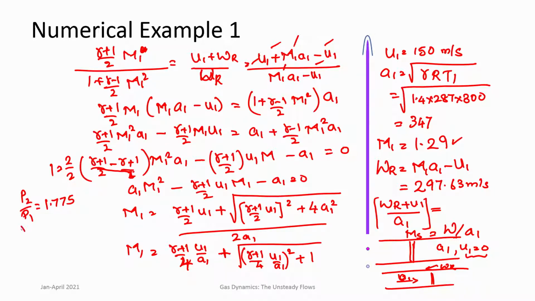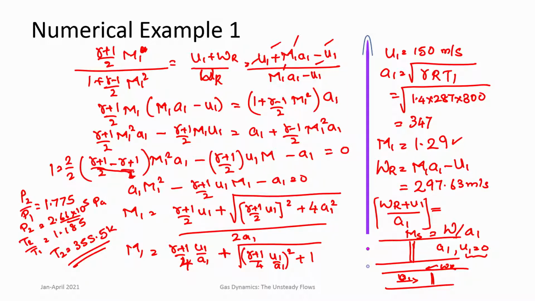So, consequently P2 is 2.66 into 10 power 5 pascals. Similarly, T2 by T1 is 1.185. You can put this value and you will get T2 as 355.5 Kelvin. So, you can do this method straightforwardly.